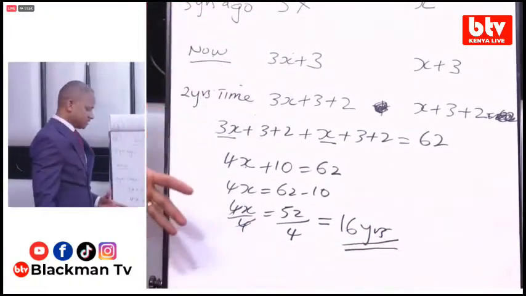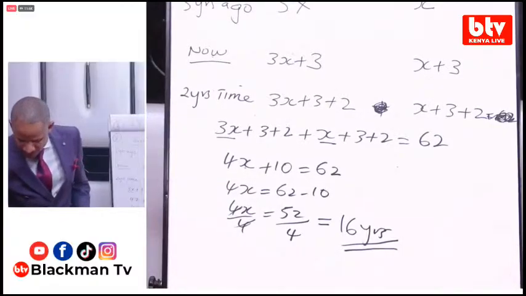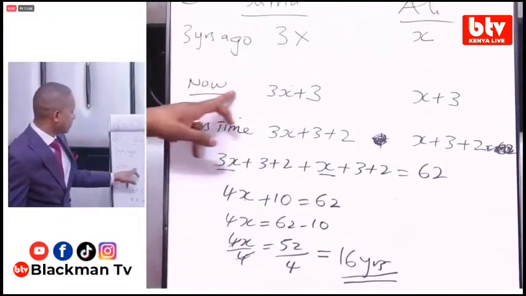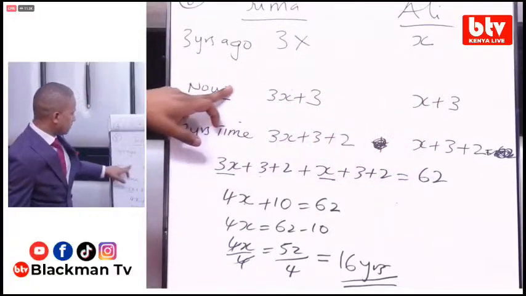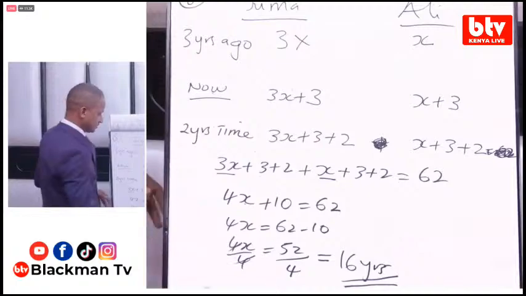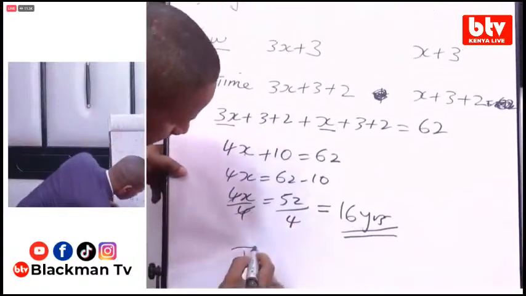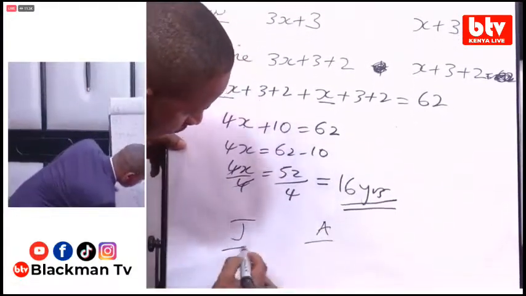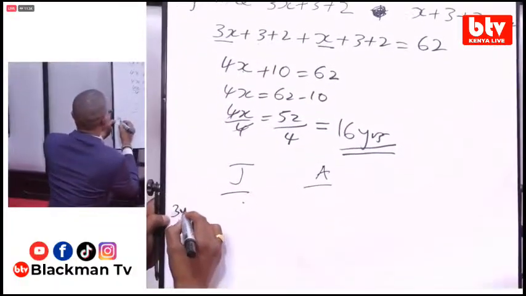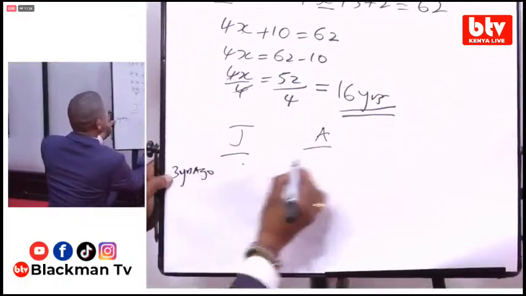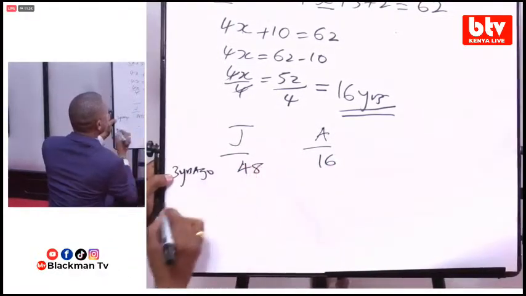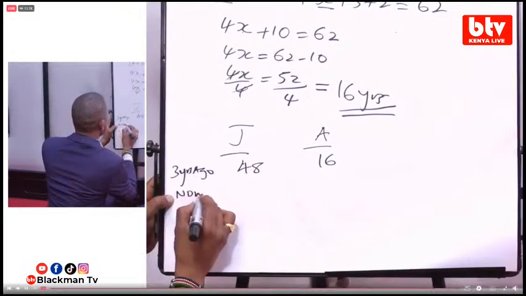So the question says, what are their present ages? Present, where is present? Now, here. So 3 years ago, Ali was 16 years. You come here, Juma, Ali. So 3 years ago, class, Ali was 16, but Juma was 3 times, which is 48. Then you come to now.